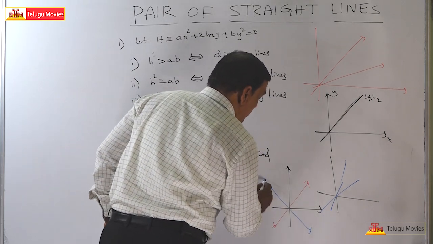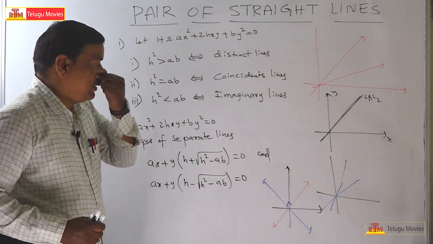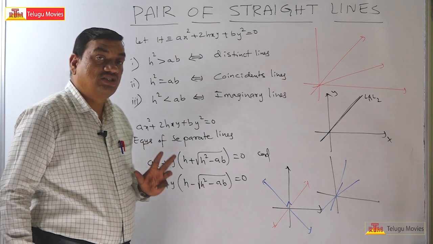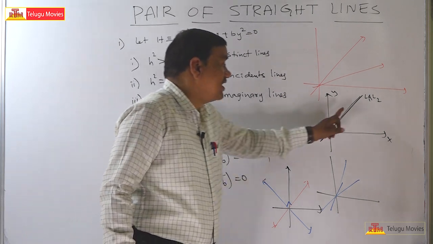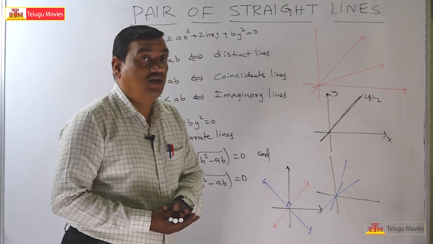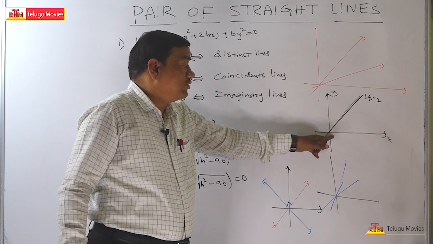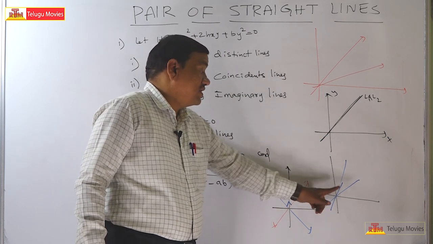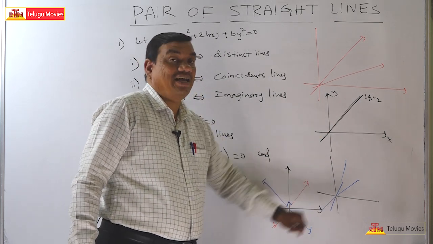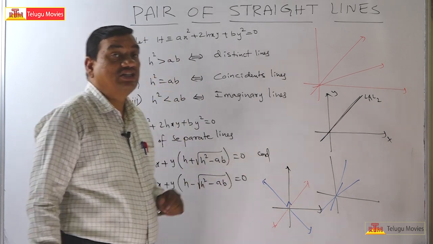So when there are two lines, there are only three possible cases. The first is that the two lines coincide, not parallel. Here there won't be any question of parallel, only coincide, because both lines pass through origin. The second is distinct lines. The third is perpendicular lines. So the conditions, let us see that.